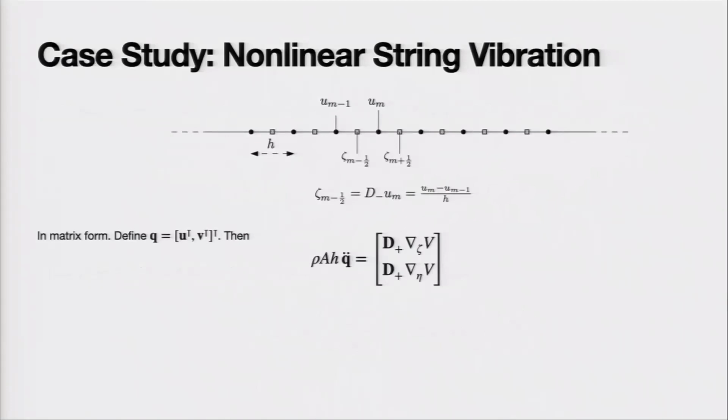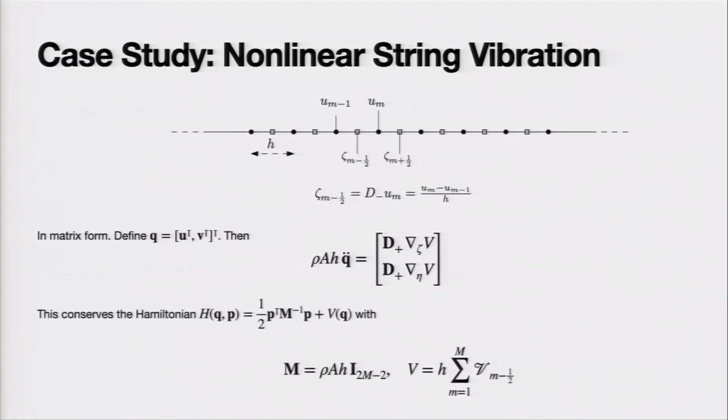And then you want to define your vector Q, which is the combination where you need to stack up U and V together. And if you do that, you are again working with basically a version of Hamiltonian systems defined for particles.